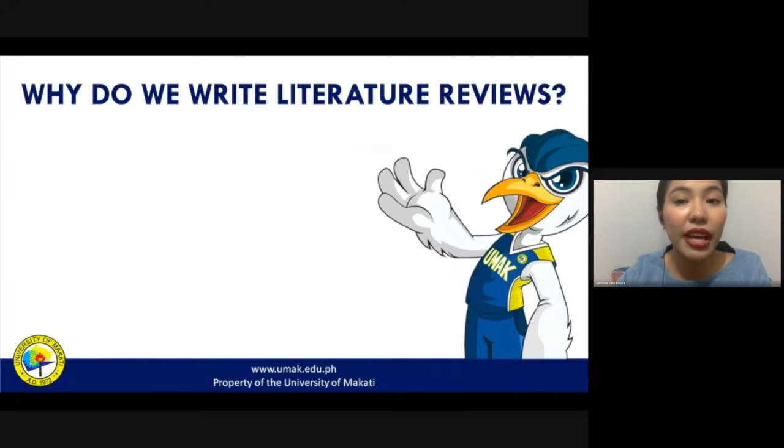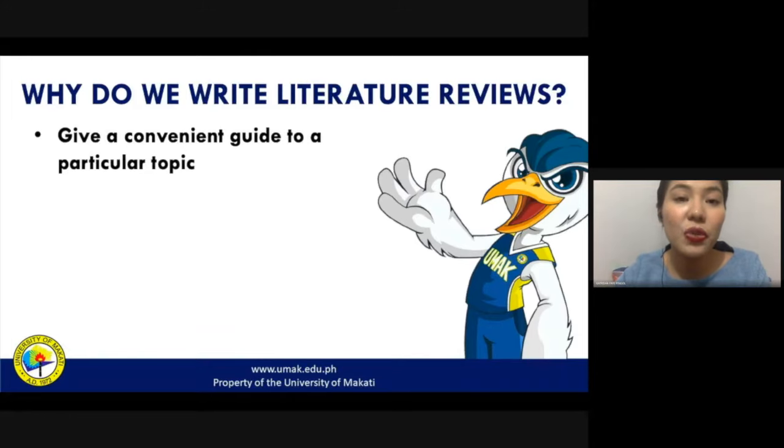Now, why do we write literature reviews? There are many reasons as to why we write literature reviews. The first one is because we want to give a convenient guide to a particular topic. So, we want people to understand this particular topic, especially if it's in terms of research or academic purposes.